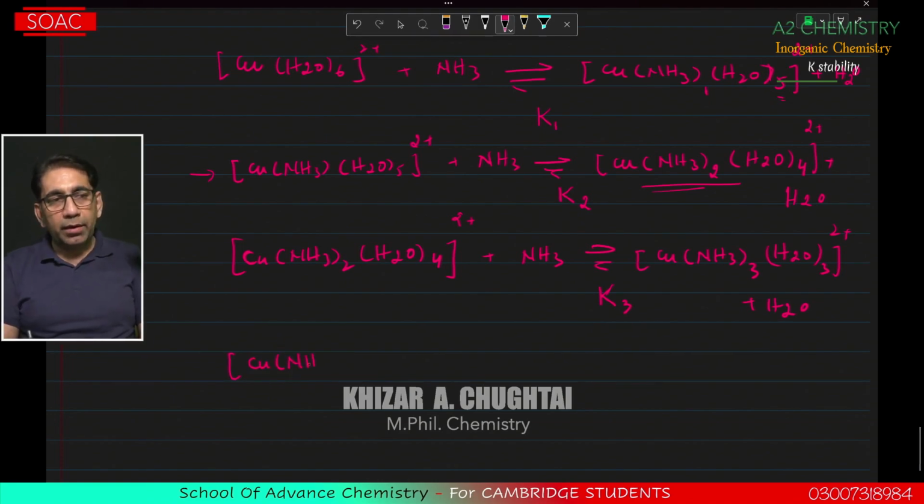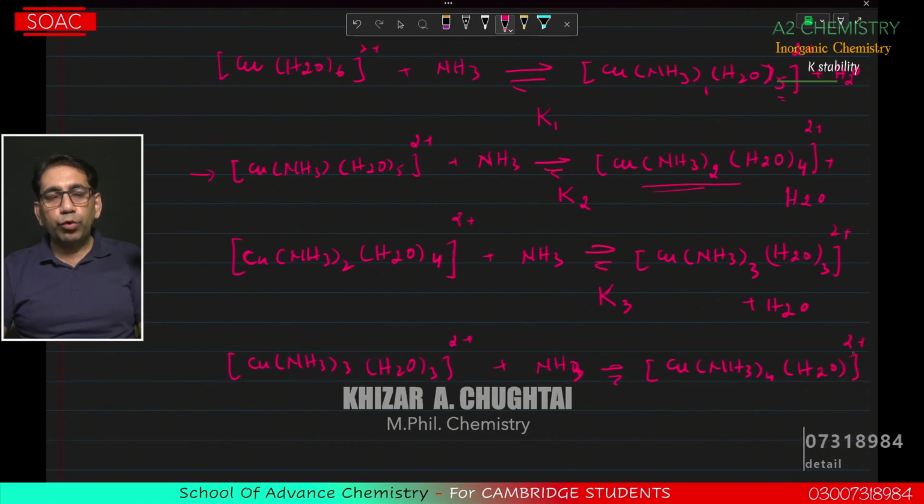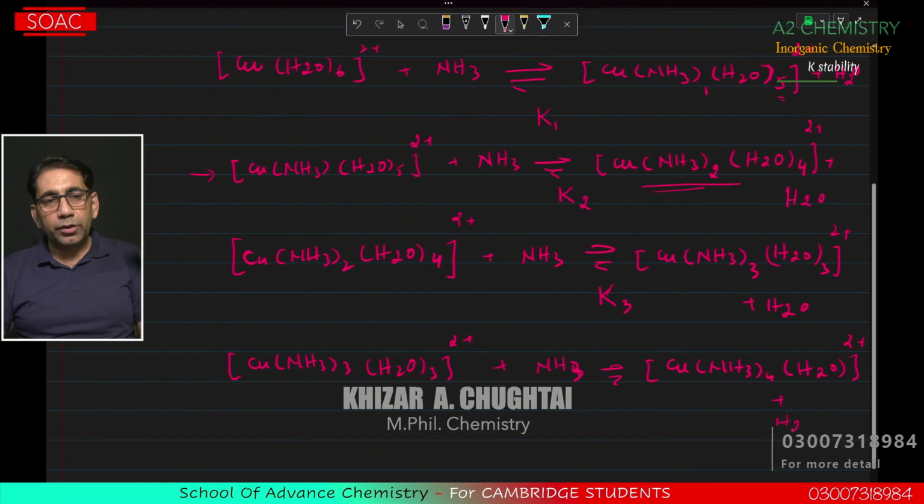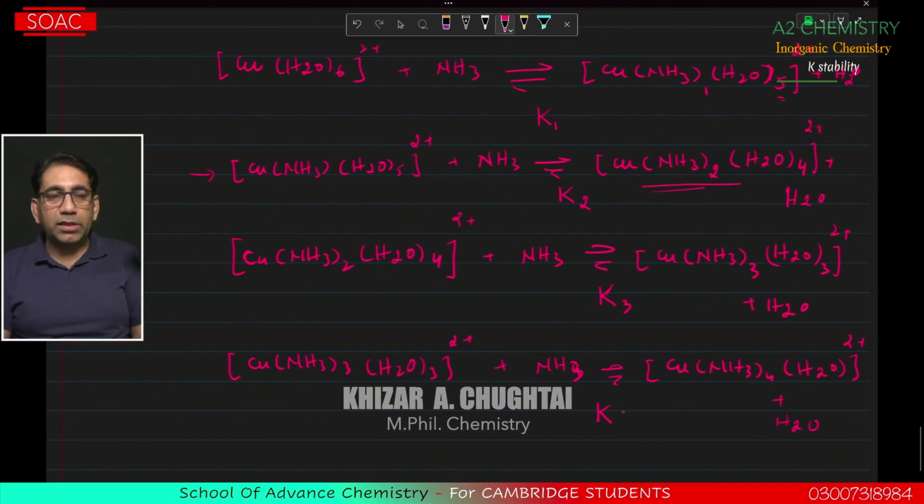Cu(NH3)3(H2O) 2+, plus the fourth NH3, is going to make a new complex, Cu(NH3)4 2+, and H2O. And its K stability, its Kc, is K4.